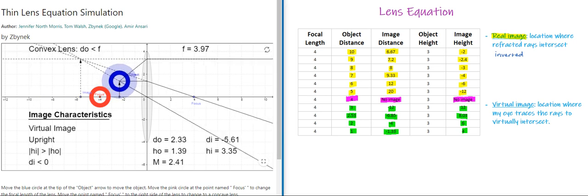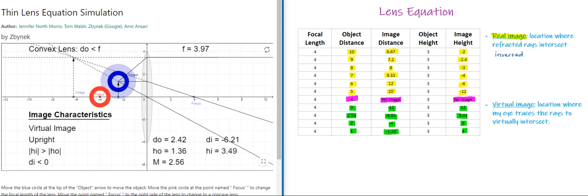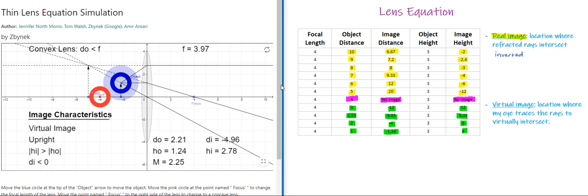So we see here that the object is inside the focal length, and because of that, there's no way for these light rays to actually intersect. So our eye would have to be looking into the lens from this side, from the right-hand side, into the lens to actually see this image of the object.